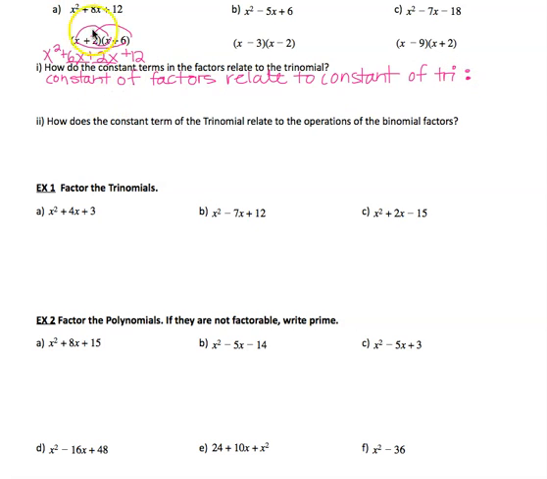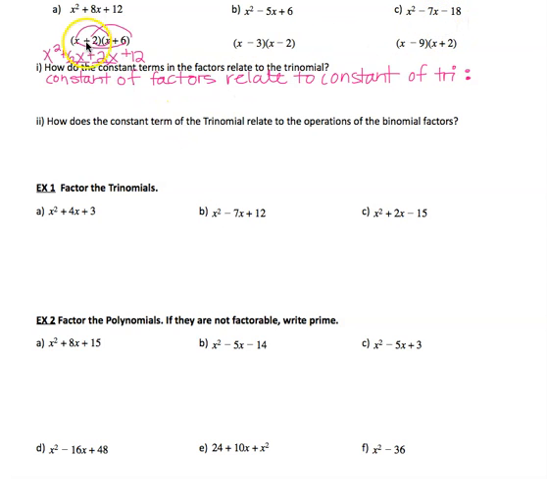So that question is, how do the 2 and the 6 relate to the 12? So positive 2, positive 6, what's their relationship to 12? And is that the same as the relationship between negative 3, negative 2, and positive 6? Between negative 9, positive 2, and negative 18.